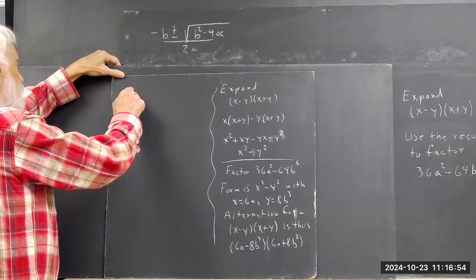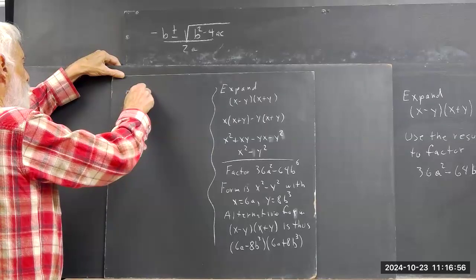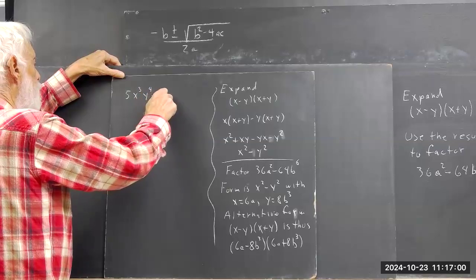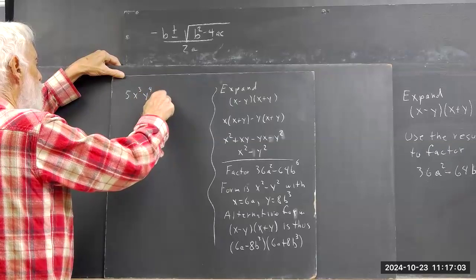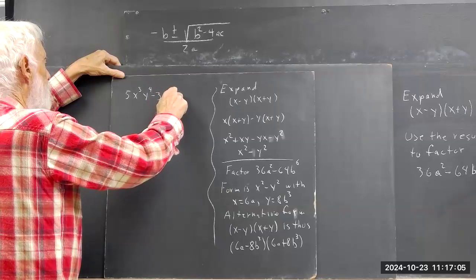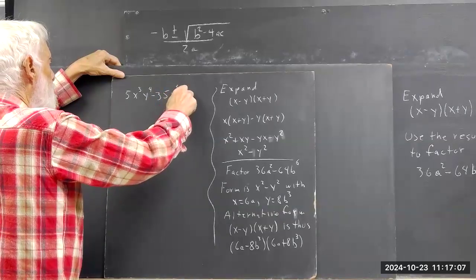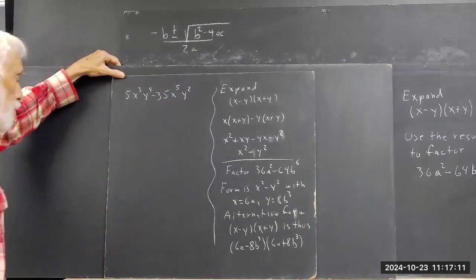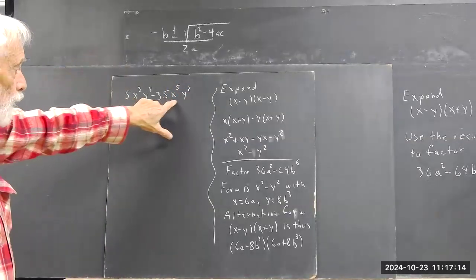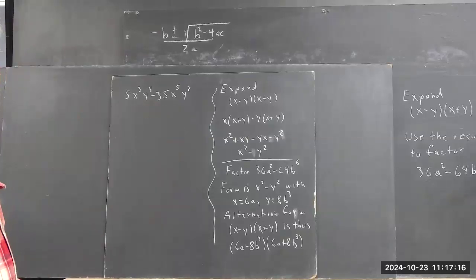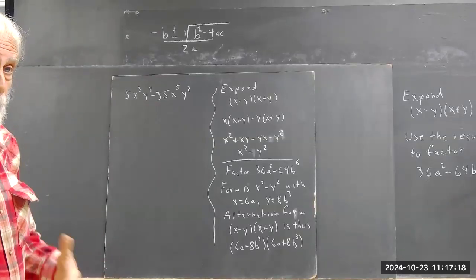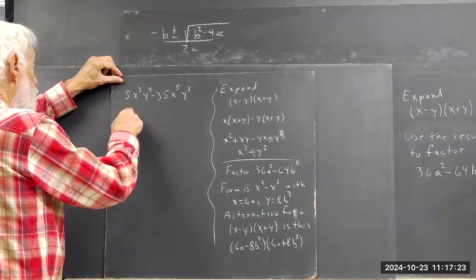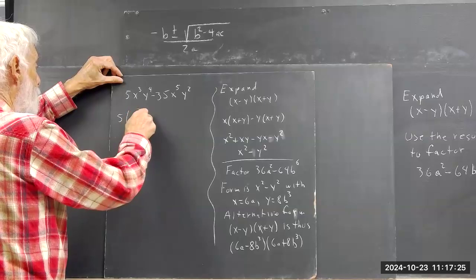Let's say we have 5x cubed y to the 4th minus 35x to the 5th y squared. Well, I could rewrite this using the distributive law. That makes it clear why this works.